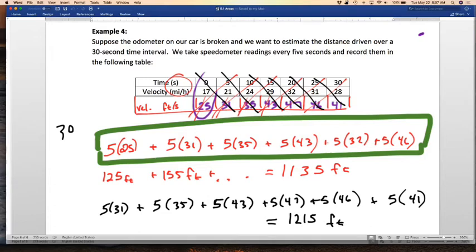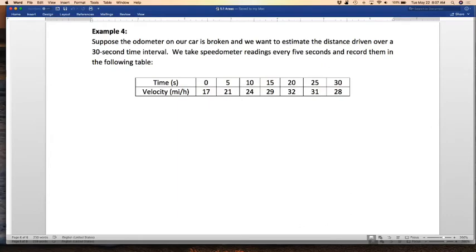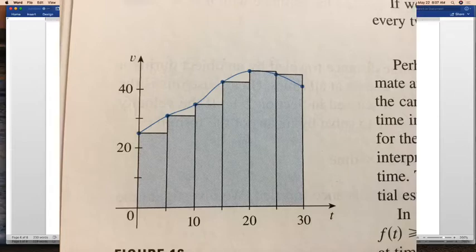So we have an overestimate and an underestimate. And the best we could say is that our actual distance is most likely somewhere in between those two numbers. So basically what we've done is we've found the area underneath our curve. So if we looked at a graph, say a bar graph, or a histogram more like, it's actually neither, it's just a simple curve, but then broken up into bars, we're taking the area under each.